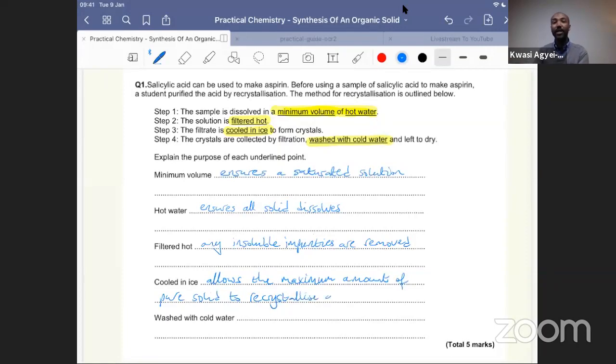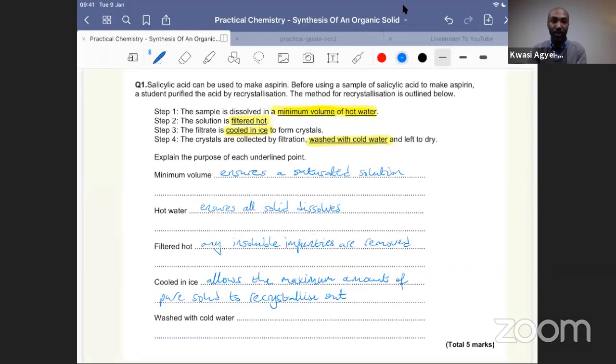If you leave your solution to cool down to room temperature slowly, you will get some crystals forming, obviously, but it would also mean that you've got some crystals that still remain dissolved in your solution, so your yield will be a bit lower than would be expected.